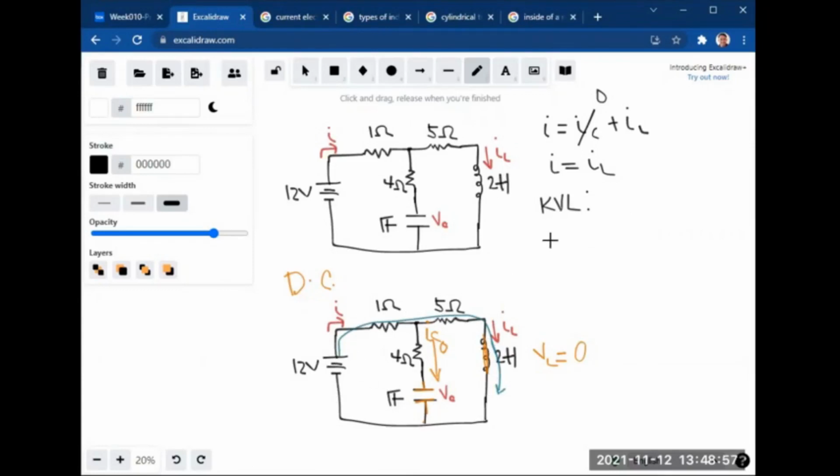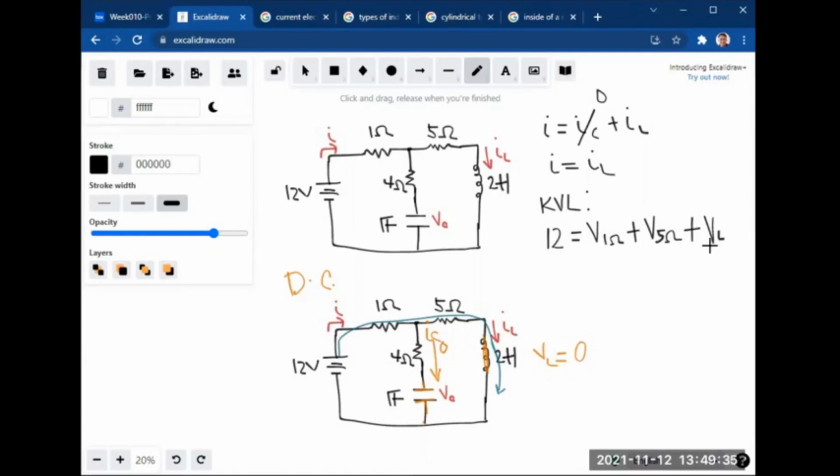So 12 volts is equal to the voltage at the 1 ohm resistor plus the voltage at the 5 ohm resistor plus the voltage of the inductor.